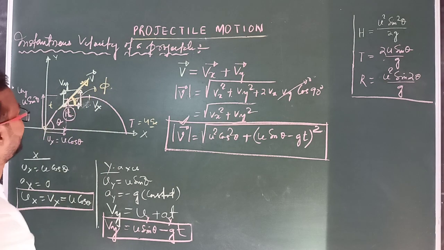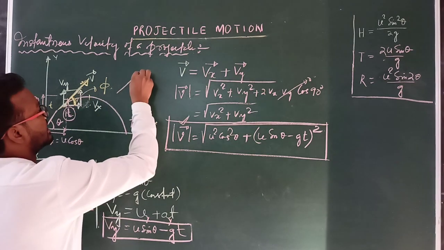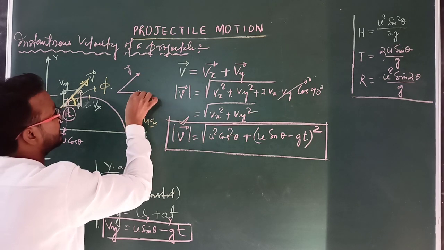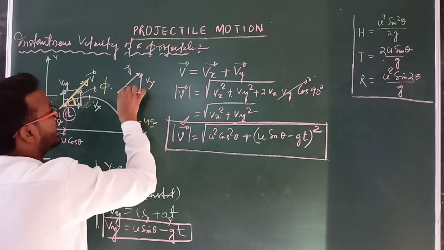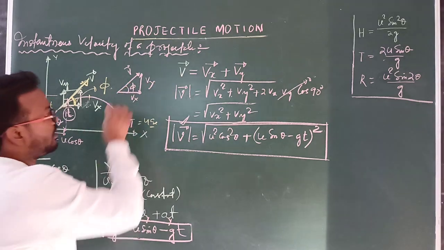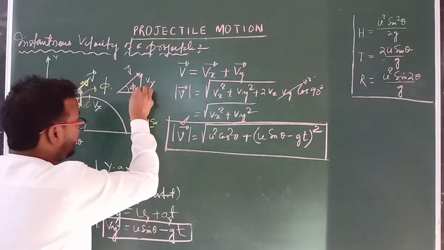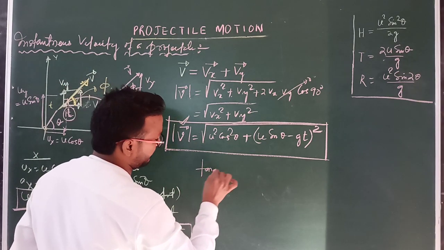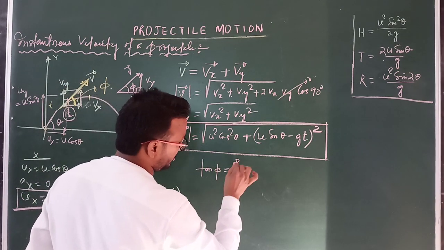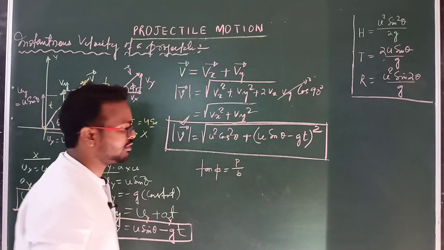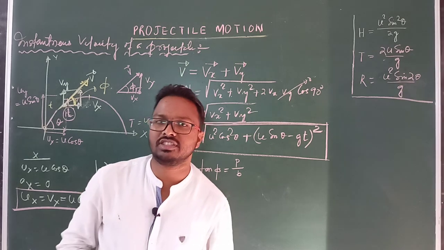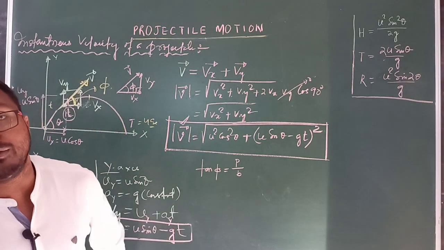So here this is the resultant vector v, this is vx, this is vy, and this angle is phi. So how can we find this phi? Because this angle is 90 degrees, simply we can write tan phi equal to perpendicular upon base, or you can use tan alpha equal to b sin theta by a plus b cos theta by using the parallelogram law of vector addition.